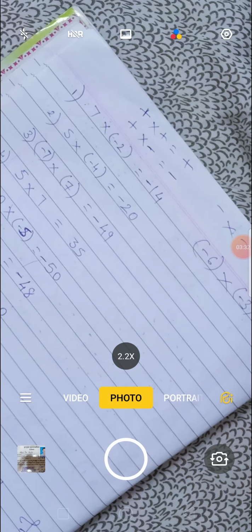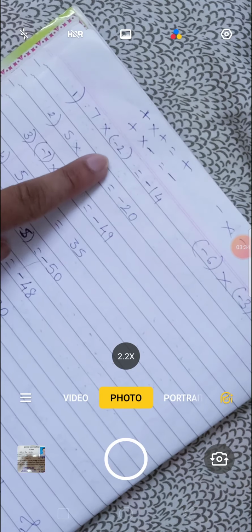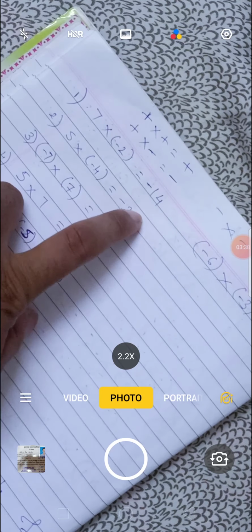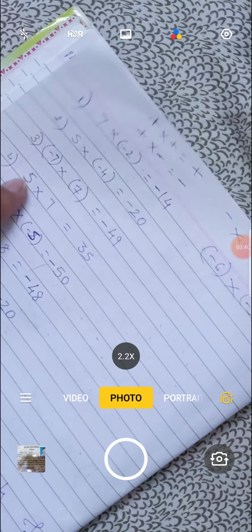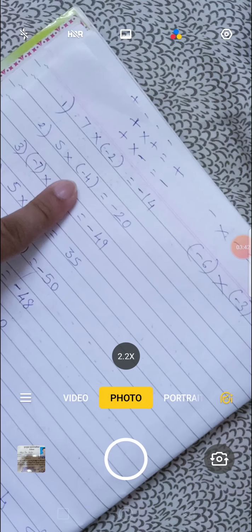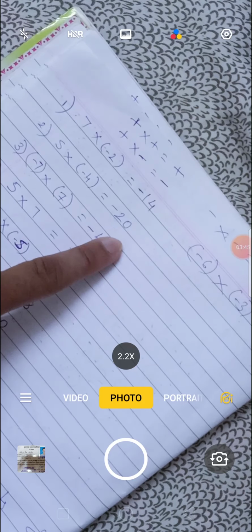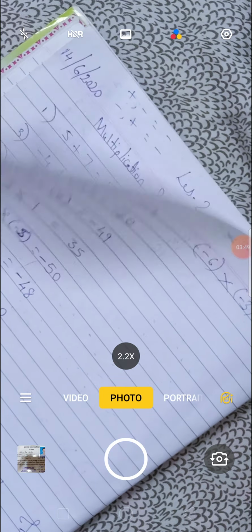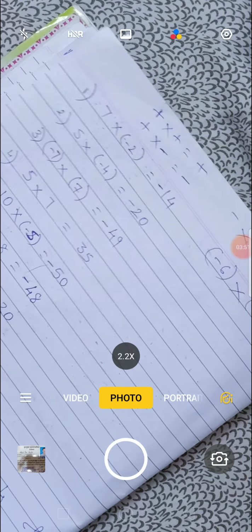The product of a positive integer and a negative integer is always a negative integer. Got it? Next, see, one is positive, one is negative. 5 4s are 20, we know. But which sign do you have to put?